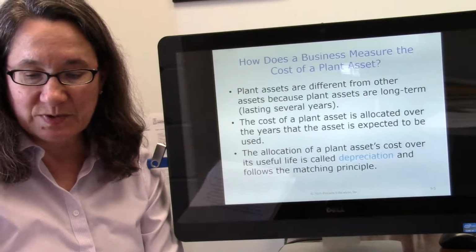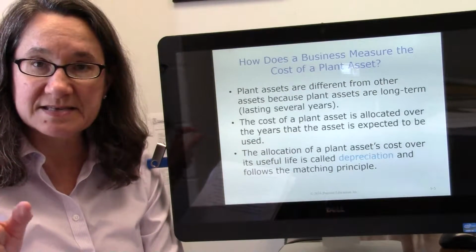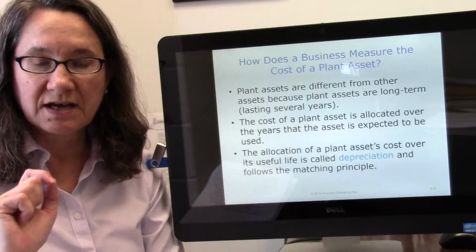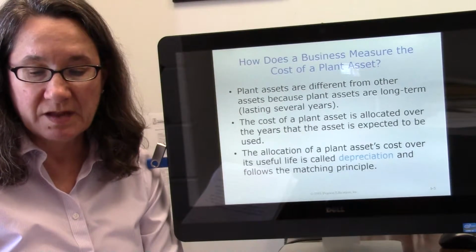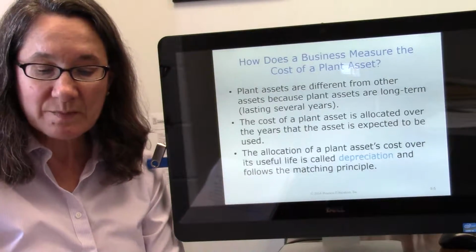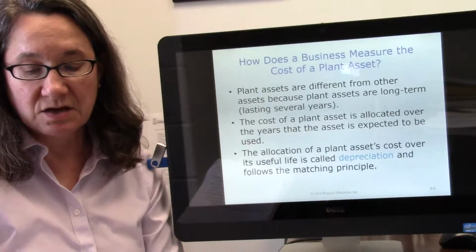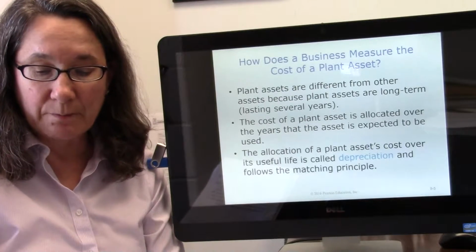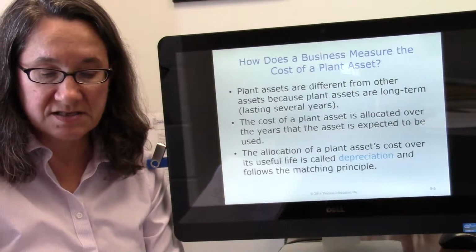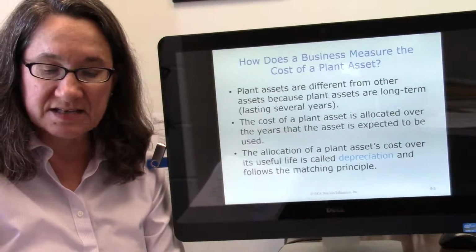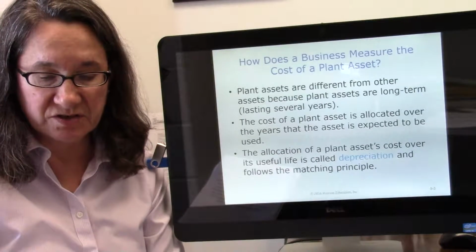The matching principle ensures that all expenses are matched against the revenues of the period. Because plant assets are used over several years, a business will record a portion of the cost of the asset as an expense in each of those years.